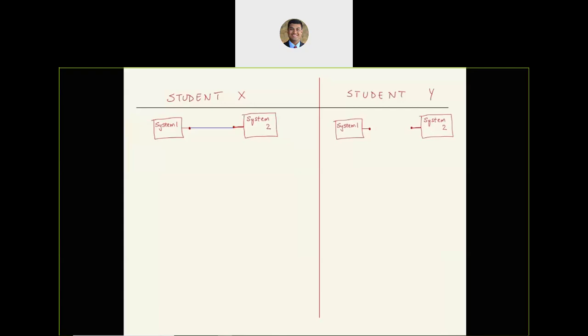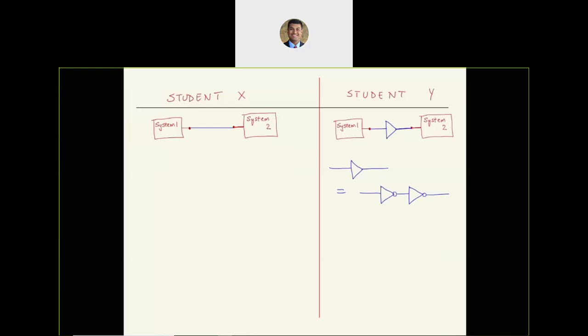But student Y actually connects them using a buffer. A buffer is actually a combination of two gates. But a buffer is essentially two NOT gates back to back.